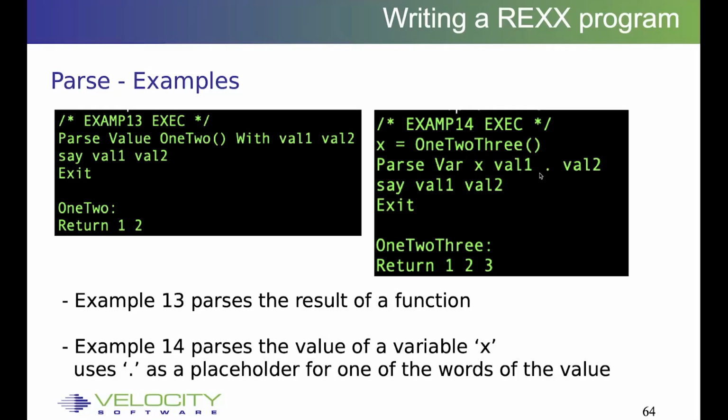The period is a placeholder. It is a part of the result that you want to throw away. So we don't care about the second word in the result. What this really means is the number 2 in the result is going to be thrown away. Val1 is going to be 1. Val2 is going to be 3. And that's what's going to be displayed.